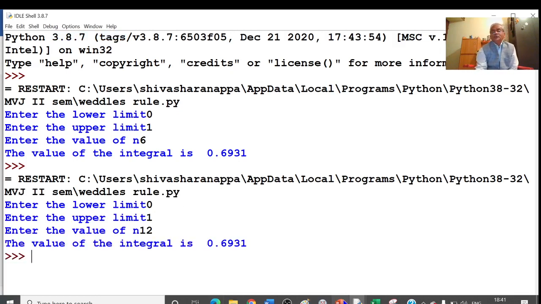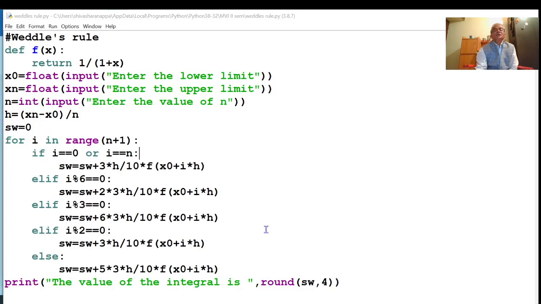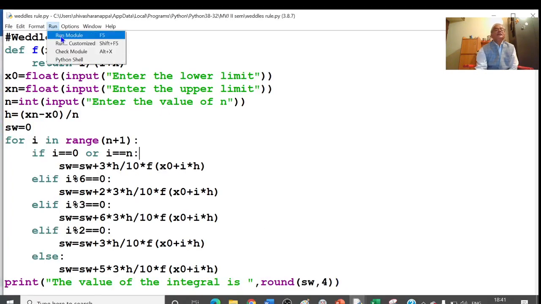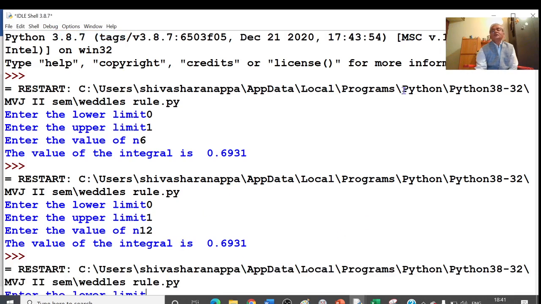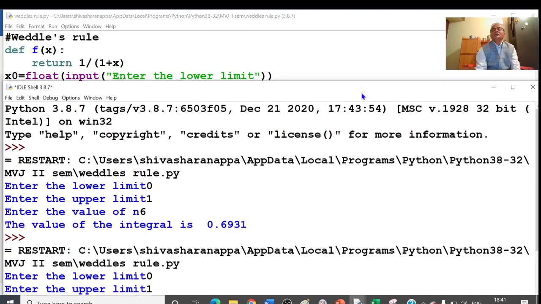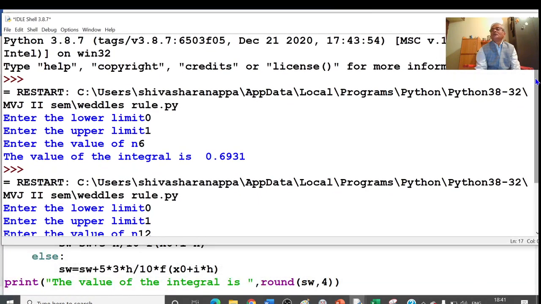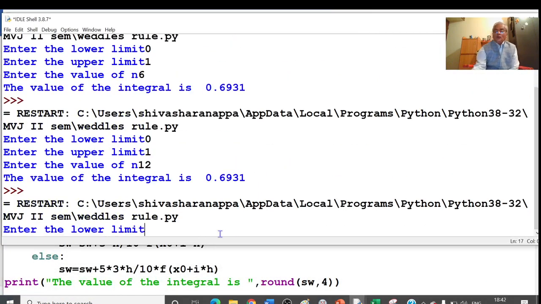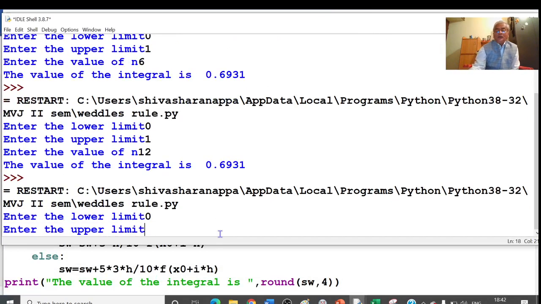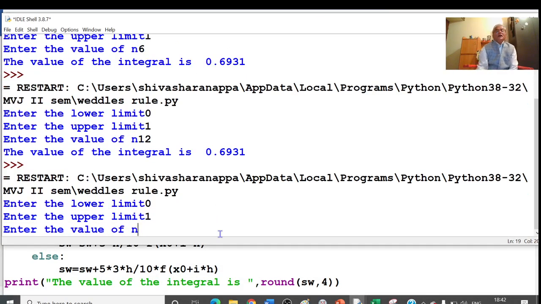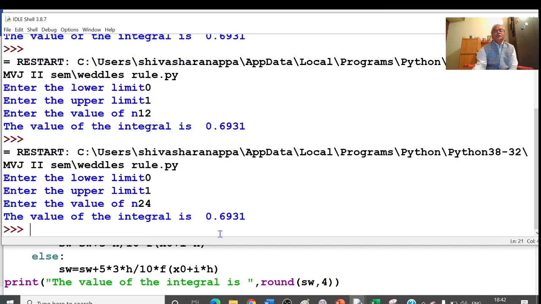Once again, with a different value of n, lower limit 0, upper limit is 1, and I will take the number of subdivisions as 24, which is divisible by 6, 0.6931. Thank you. I will stop here.